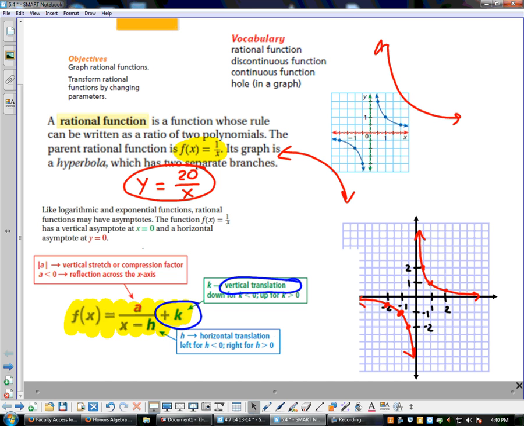It's going to shift it up or down. And also, if you have some number being multiplied by your entire function, which is what's going on here, then that is going to be a vertical stretch or a vertical compression. All right? And you also know that if a is less than 0, that means a reflection across the x-axis.